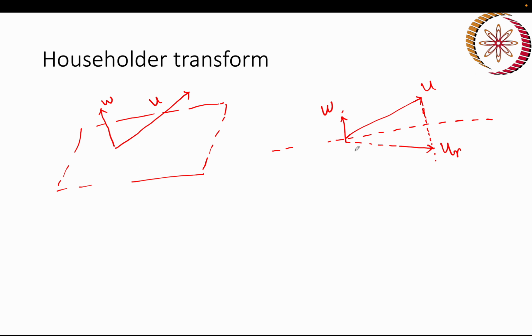So how can we do this reflection? Let's say this w is a unit vector.